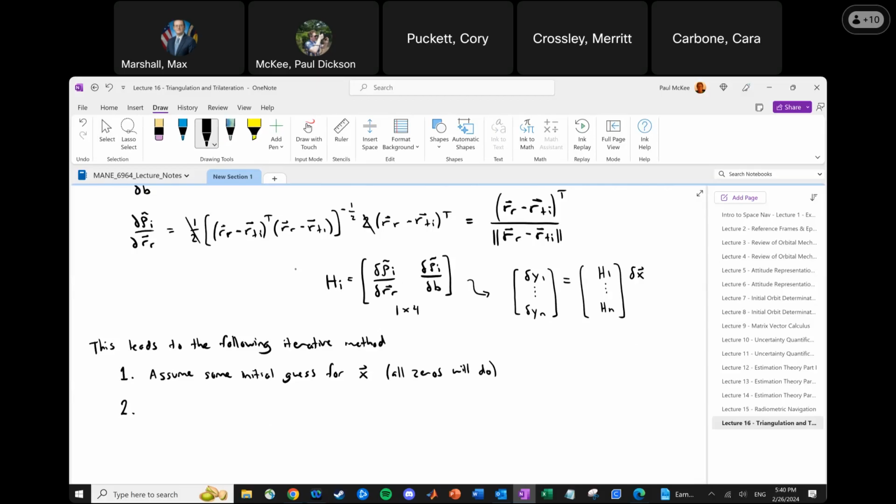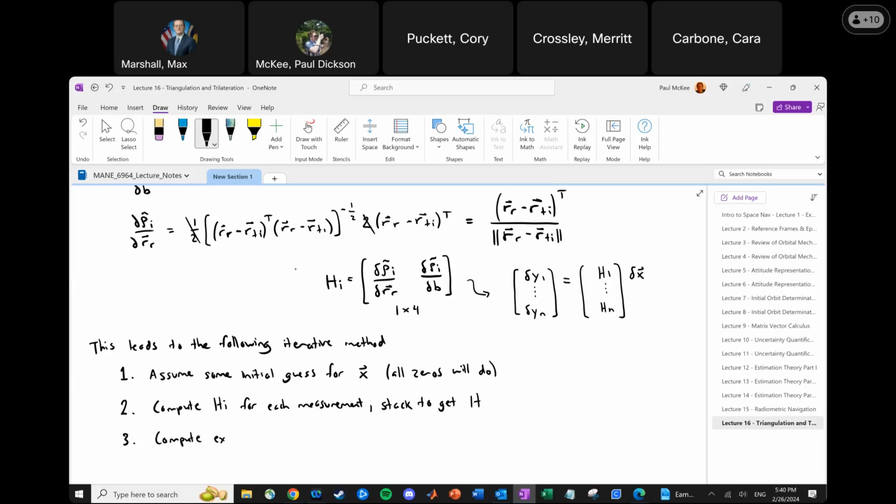Number two, compute HI for each measurement, stack to get H. Okay. Then we compute the expected measurement.